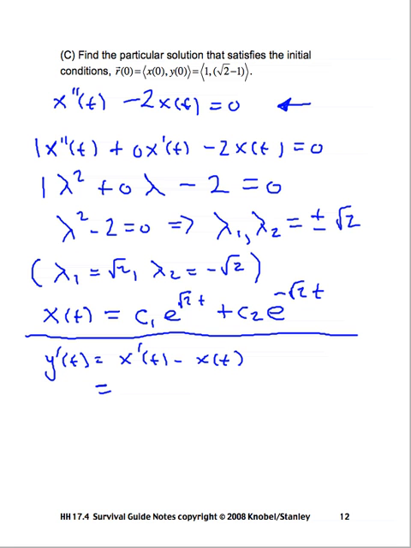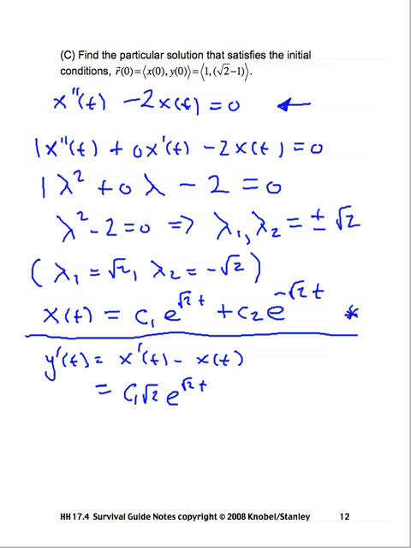And remember, you've got x of t here, so when you do this, you're going to get x prime is equal to, what is that? That's c1 square root of 2 e to the square root of 2 times t.